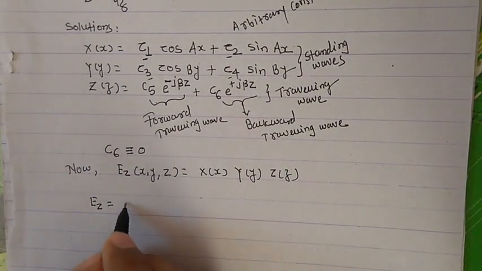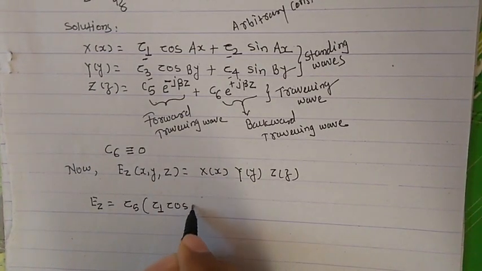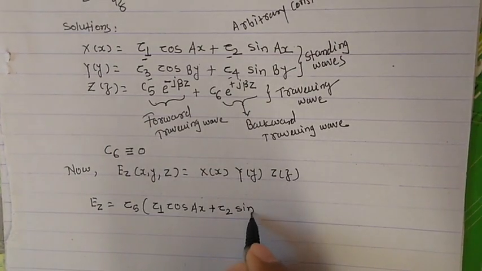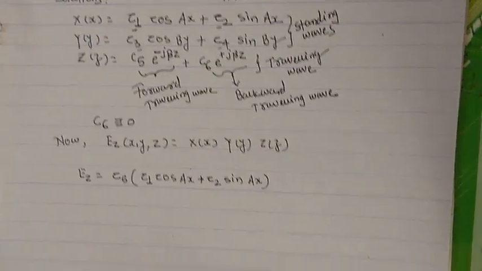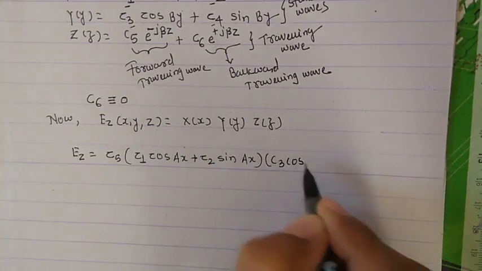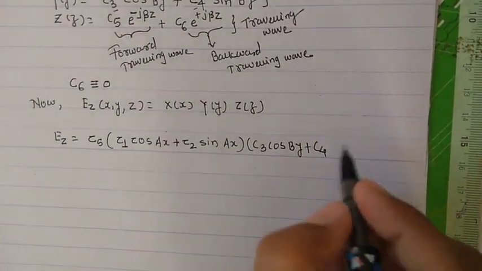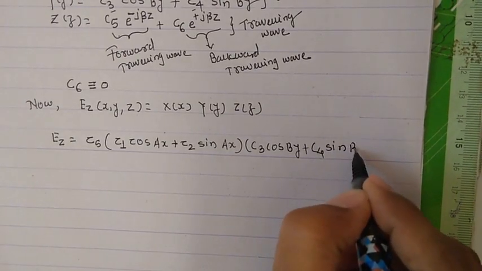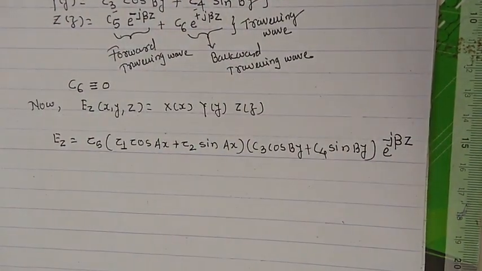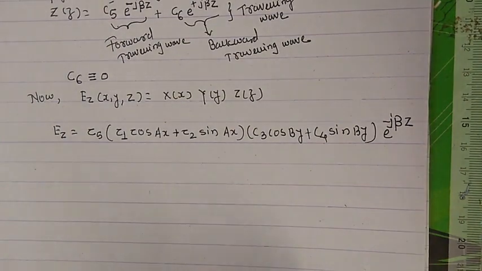It will be C5 into C1 cos ax plus C2 sin ax, into C3 cos by plus C4 sin by, into e raised to minus j beta z, since C6 is 0. This is a general solution for the Ez component of a wave.